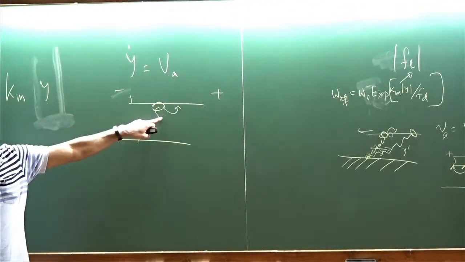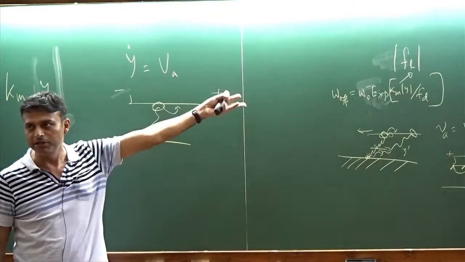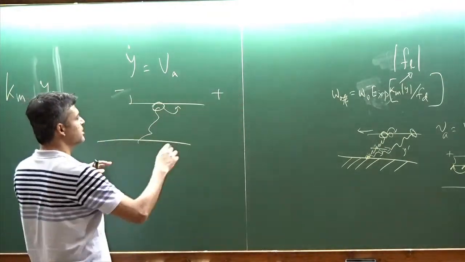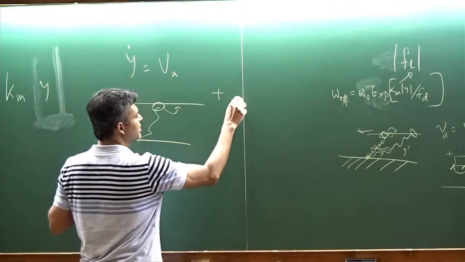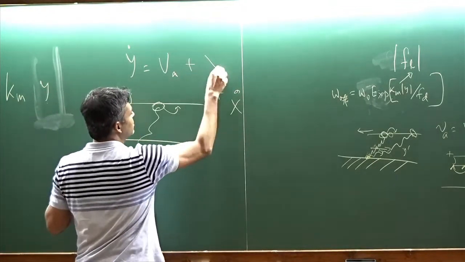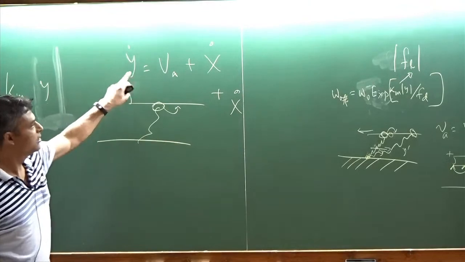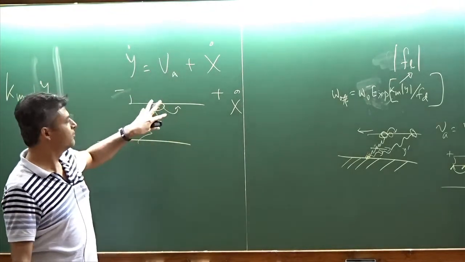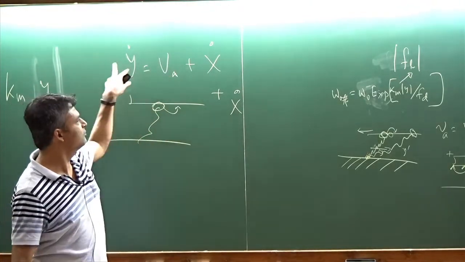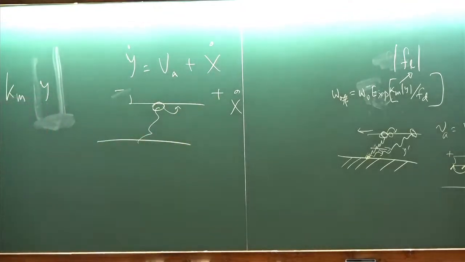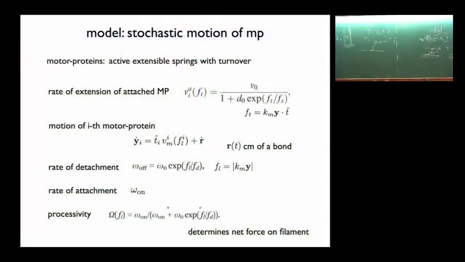But the filament is not static, the filament itself is dynamic and moves by itself. Let's say the filament's motion is given by some x dot. Even if the molecular motor didn't move, it should move along with the filament. So these two terms govern the motion of each individual motor protein, and these things I have already written down.